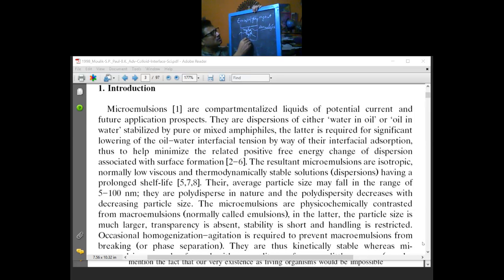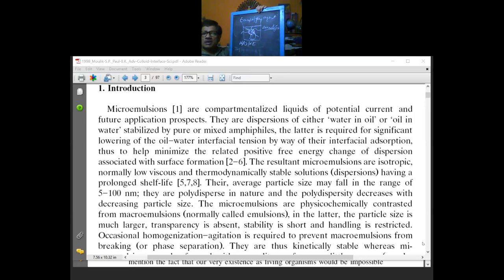The water will occupy the core of the surfactant aggregate, herein called the reverse micelle. So the water can be incorporated, and I eventually get a water in oil microemulsion.